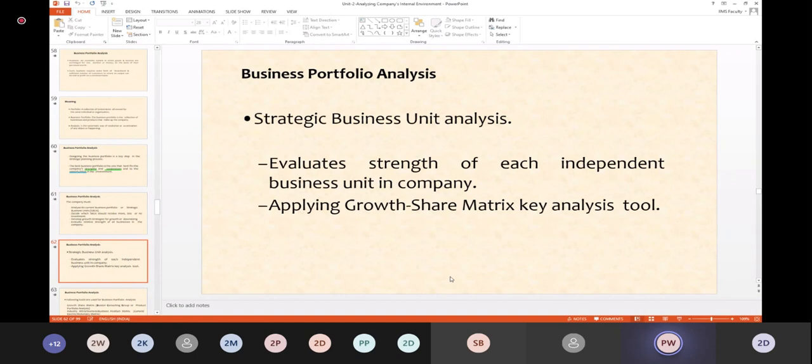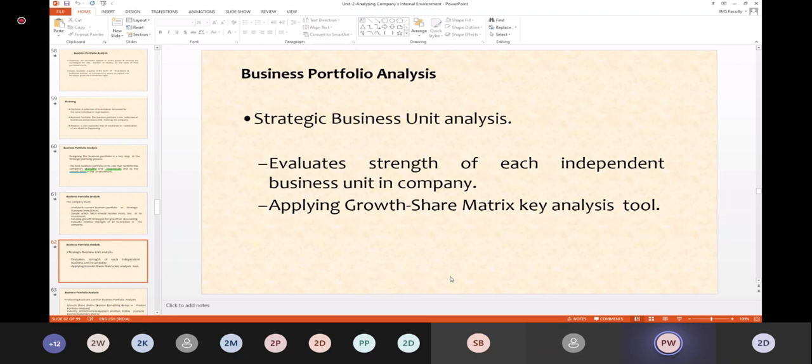So this is a new term we are talking about now in this business portfolio analysis, the growth share matrix. This is one of the tools with which we'll be able to evaluate the relative strength or relative importance of each strategic business unit in the company. So that we'll have to understand.